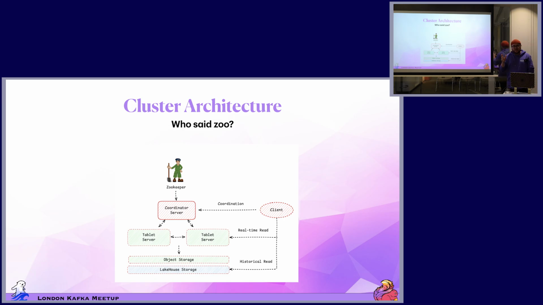What happens in order to increase durability and reduce the state is that you have an internal tiering in Arrow-based format to object storage. And then you have lakehouse storage, and it's external tiering. So there are two types of tiering.